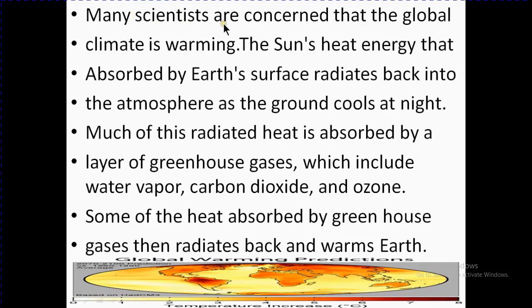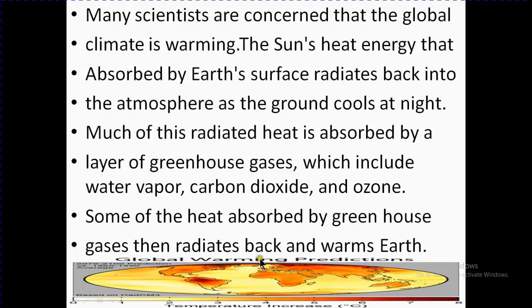Many scientists are concerned that the global climate is warming. They say that every year the temperature of the earth, or the globe, is going to increase. The sun's heat energy that is absorbed by the earth's surface radiates back into the atmosphere as the ground cools at night.